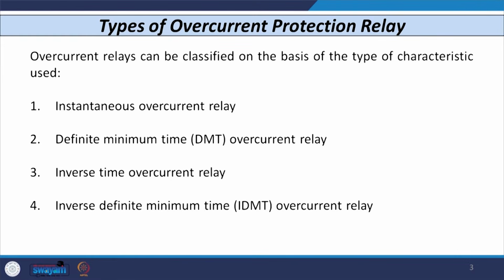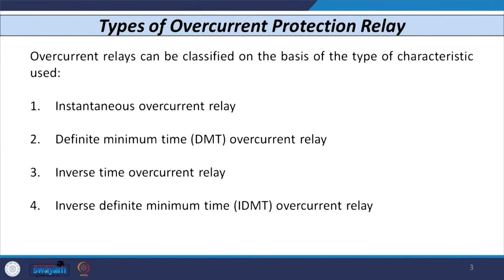There are different types of overcurrent relays. They can be classified based on the characteristic they use. As I have discussed earlier, relays can be classified based on what type of characteristic is used, what type of construction they have, and what type of parts they utilize. Here, let us see the classification of overcurrent relays based on the type of characteristic used.